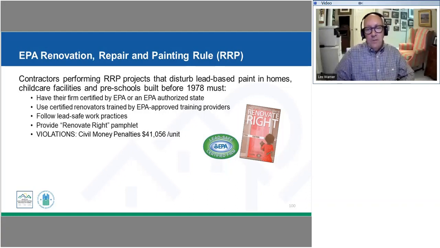As part of that requirement, and we mentioned this briefly the first week, not only do we have the HUD brochure, but the EPA requirement is that the Renovate Right pamphlet be provided to owners and occupants, and there are civil penalties of up to $41,000 and some change per unit for failing to provide that disclosure. So it's really important that that be provided as part of that.